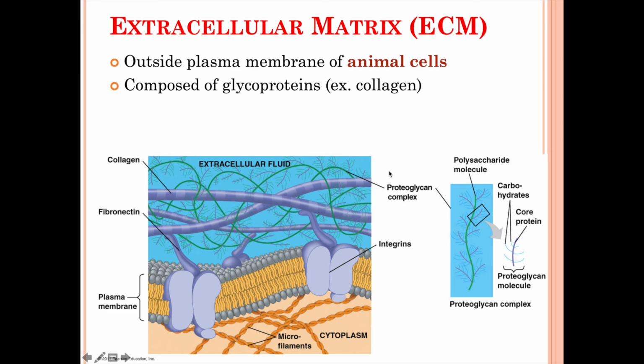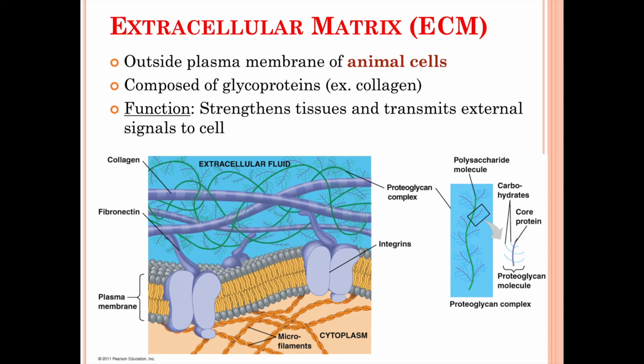Collagen is an example of a glycoprotein fiber that helps to maintain the structure on the exterior of the cell. So on the interior of the cell, you have microfilaments here in the orange, and on the outside of the cell, to hold together multiple cells on the outer layer, are these glycoproteins like collagen. The function of the extracellular matrix is to strengthen tissues and transmit external signals.